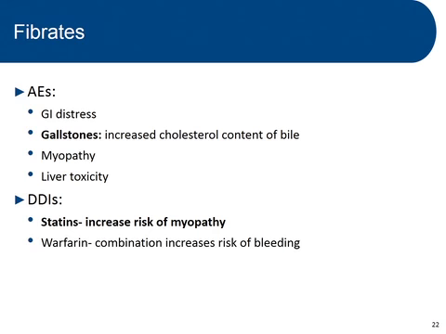So as I said, this drug is not used in patients that have a history of gallbladder disease. Basically, they increase the cholesterol content of the bile, and that increases the risk for gallstones.